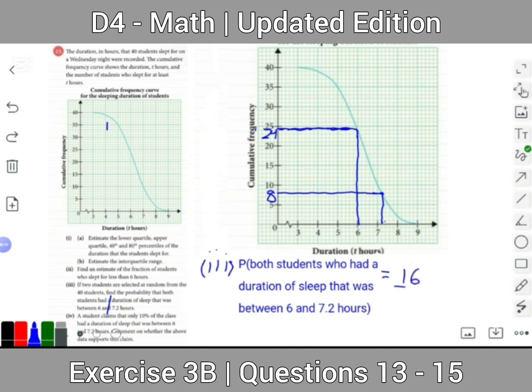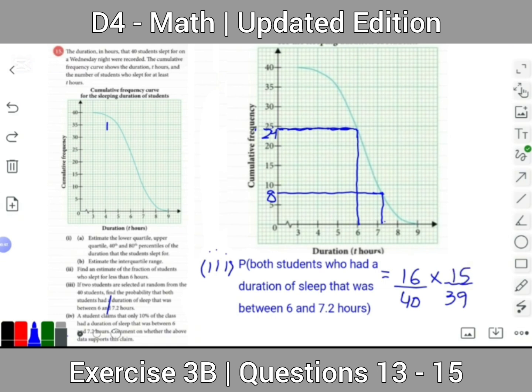We will use the formula of probability here: the number of favorable outcomes in this case is 16 and the total number of outcomes is 40. Now for the second student, we have already selected one student, so the total number of students remaining will be 39, and the number of students who had a duration of sleep between 6 and 7.2 hours left will be 15.